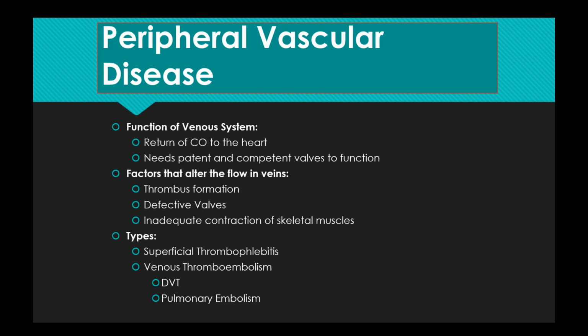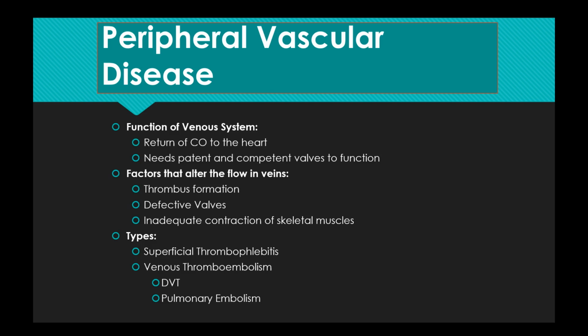Factors that can alter the flow in the veins are thrombus or clot formation, defective valves, inadequate contraction of skeletal muscles, things like paralysis and sedentary lifestyle, or casts that are on for long periods of time, immobilizers, etc. Pressure on a tissue or vein for long periods of time.